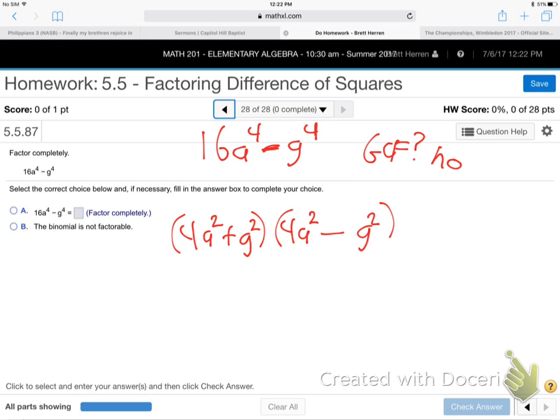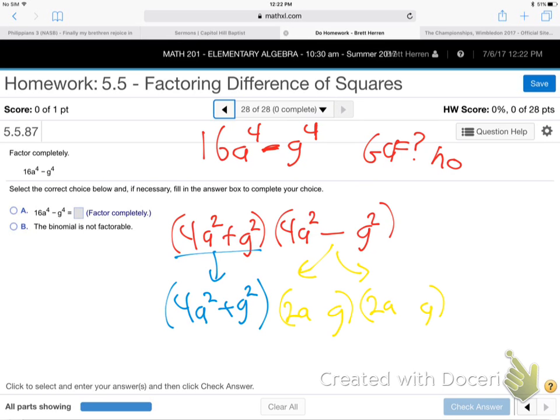Now, give them a look. Can they go further? Not the plus guy, but yeah, the other guy, huh? So the plus guy stays as he is, but the other guy is going to break into 2. He can cut in half again, so that's 2a, 2a, g, 1 plus, 1 minus.